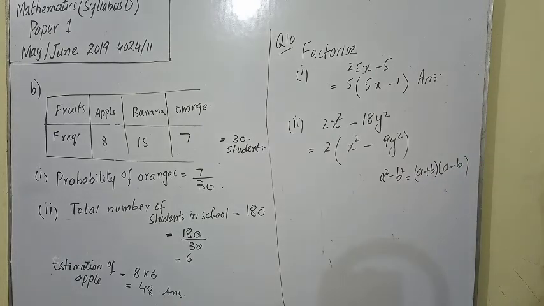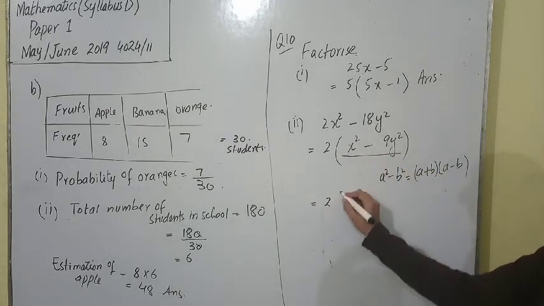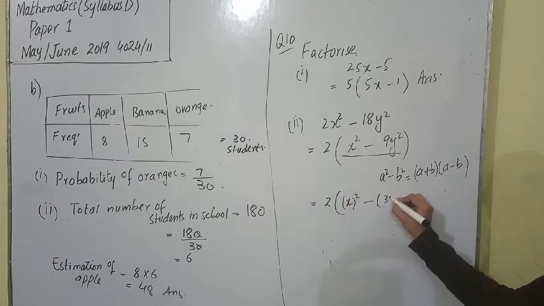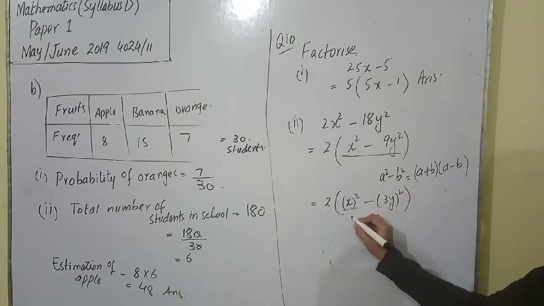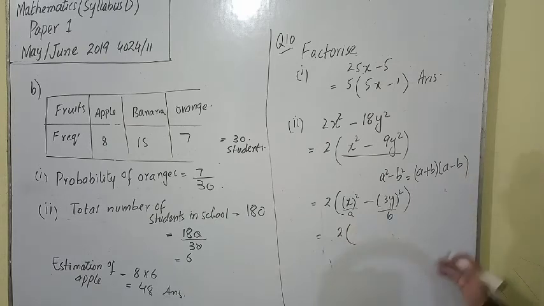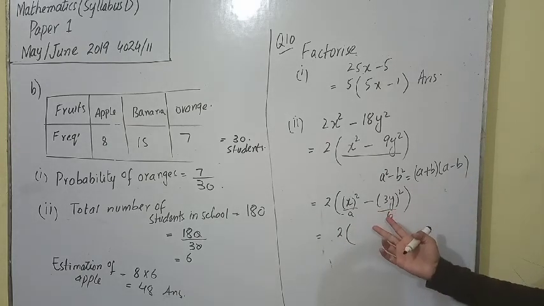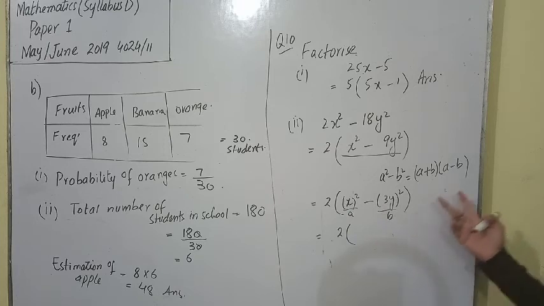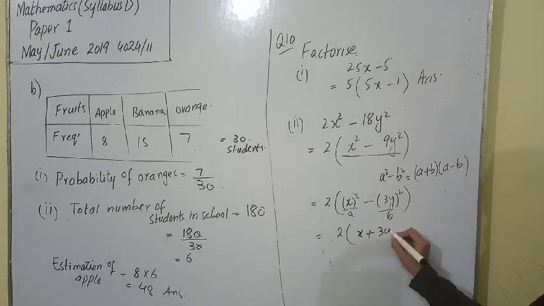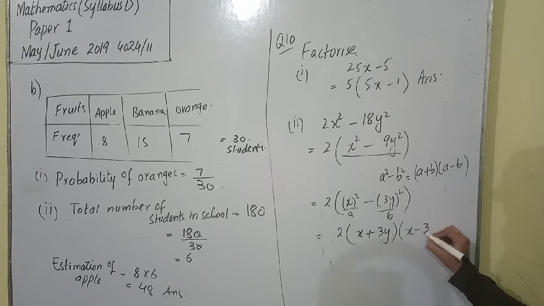According to this identity, we write it as 2 into x square minus (3y) whole square. Now x is considered as a and 3y is b. So 2 into its factors, that are a plus b and a minus b. So the factors are x plus 3y and x minus 3y. This is the answer for this part.